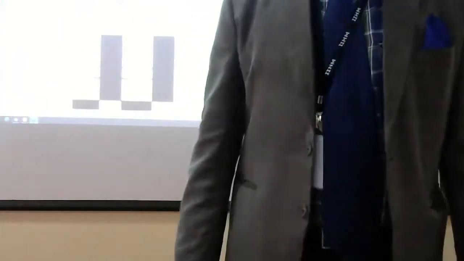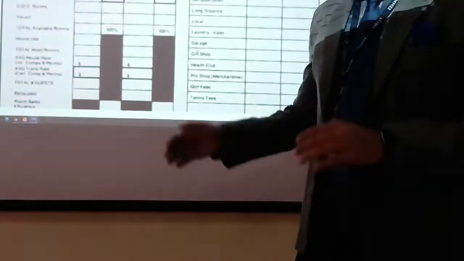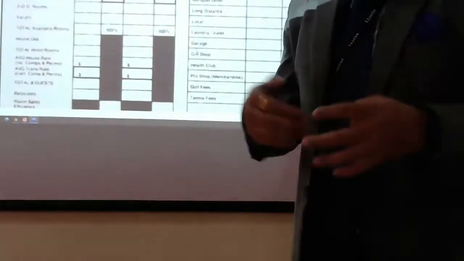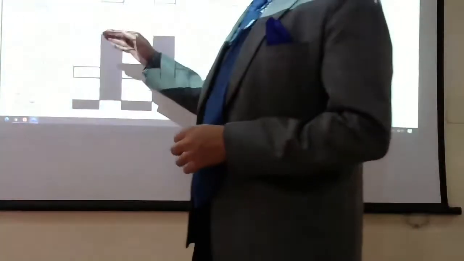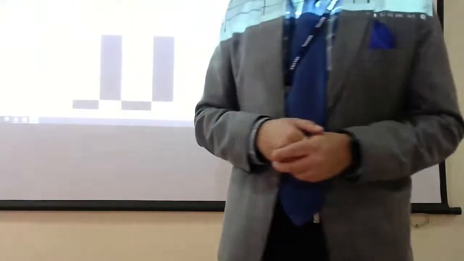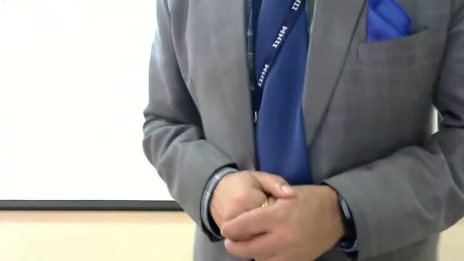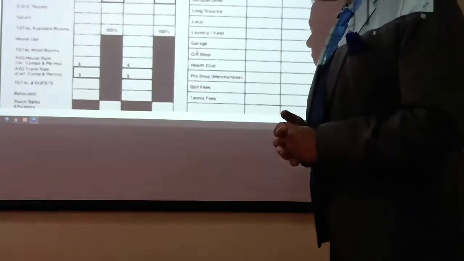So we can say that the total number of available rooms in a hotel of 250 rooms are 245. But when we talk about the revenue earning, we are taking out the house use rooms and the complimentary rooms from that. So the revenue goes down, the ADR goes down and all that. So house use and number of complimentary rooms become very, very important in a daily operations report, as you can see.